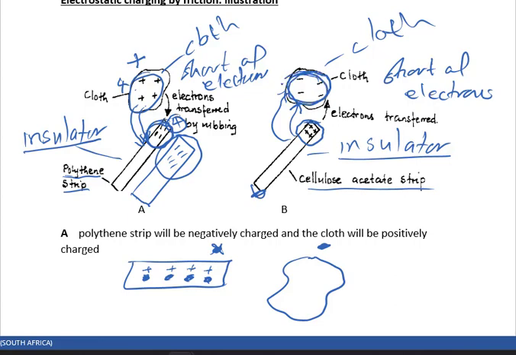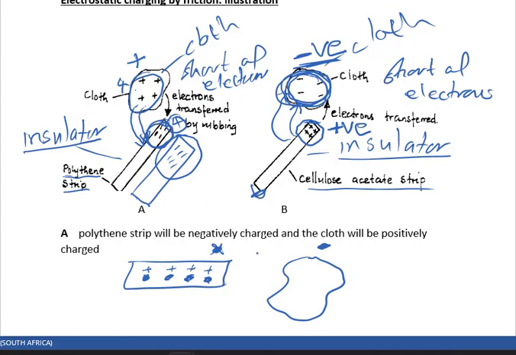The cloth in turn became negatively charged, and the acetate strip became positively charged. So notice also that the number balances. So that's how charging by friction occurs. It's the transfer of electrons.